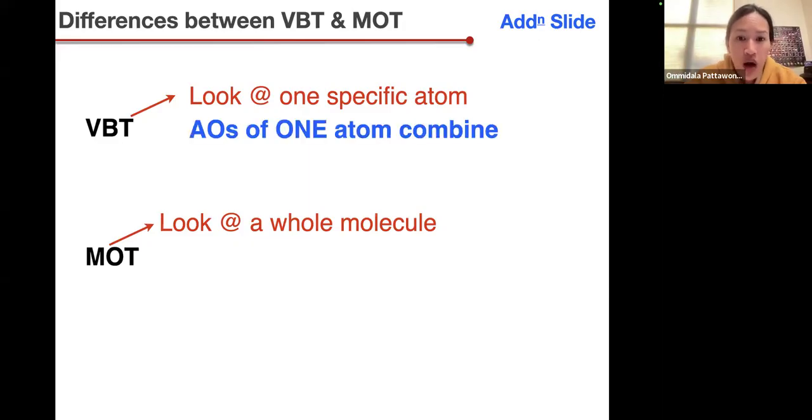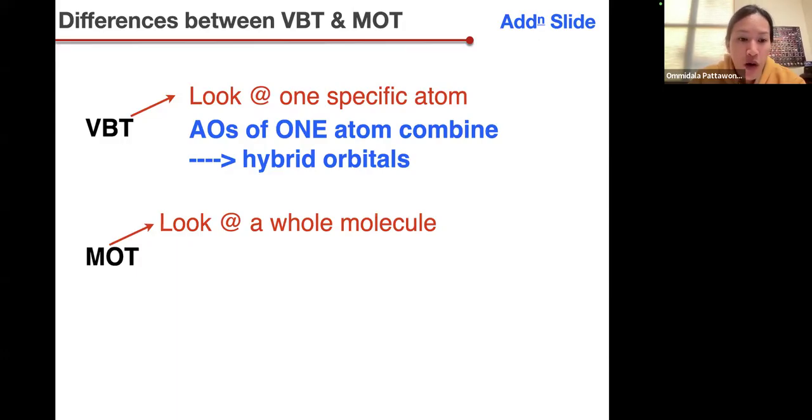When we're looking at valence bond theory, or VBT, you look at atomic orbitals of just one atom, because we're looking at one specific atom, so the atomic orbitals come from just that one atom and you combine them together. The result yields hybrid orbitals such as sp3, sp2, sp3d, or sp3d2, for example.